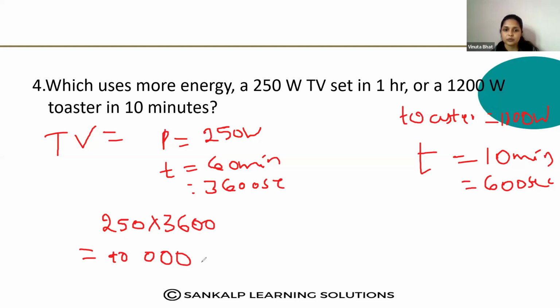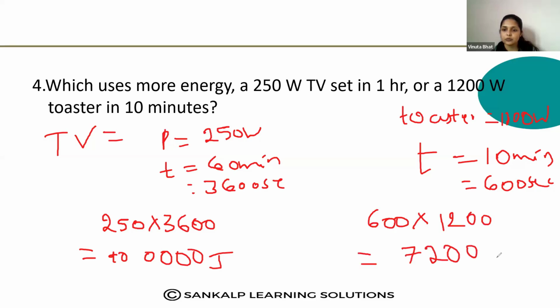That is 9,00,000 joules. And here 600 into 1200 watt. So that is equal to 7,20,000 joules. So here the TV uses more energy compared to the toaster.